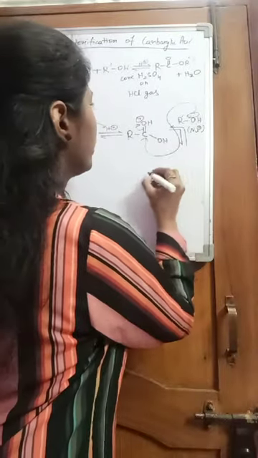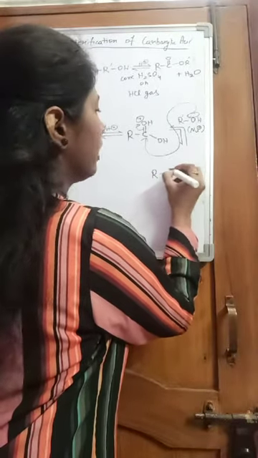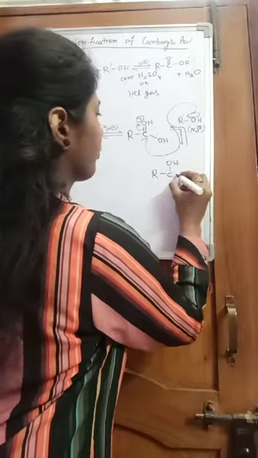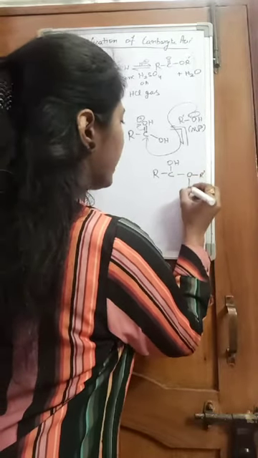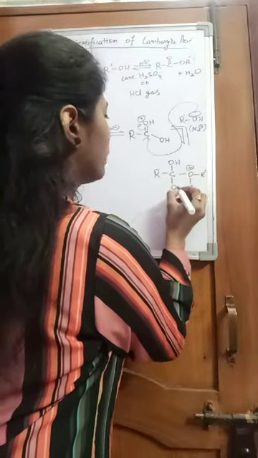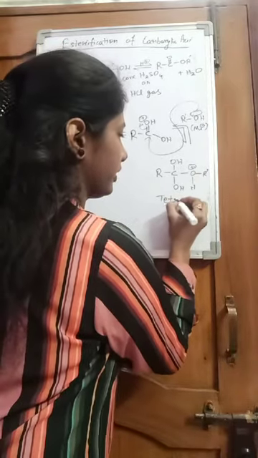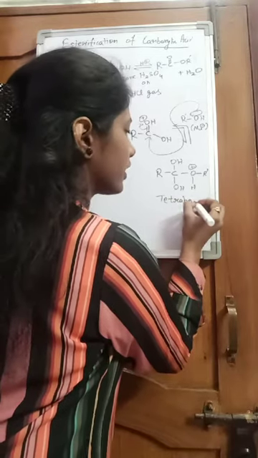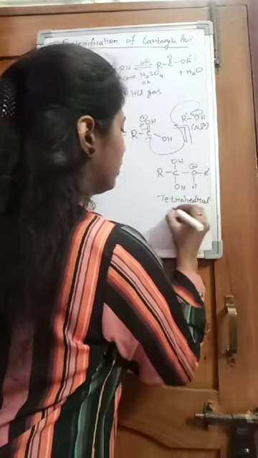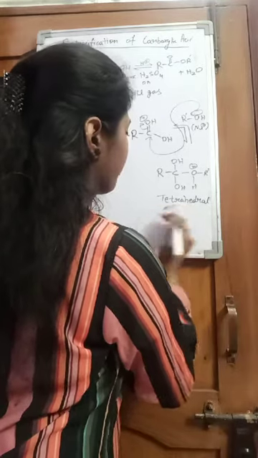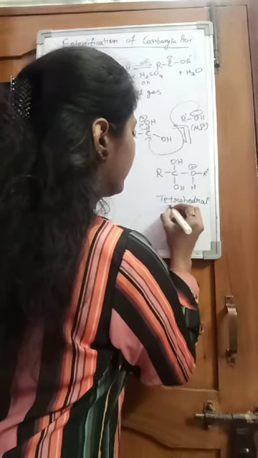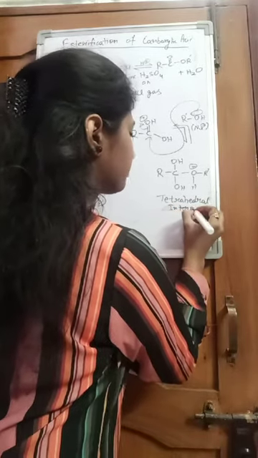We are going to get C OH, O R dash H with a positive charge, and also OH. This is a tetrahedral intermediate, which has a tetrahedral shape.